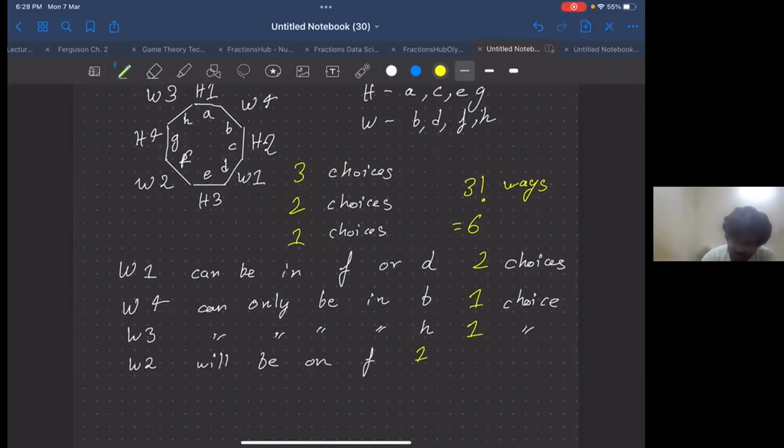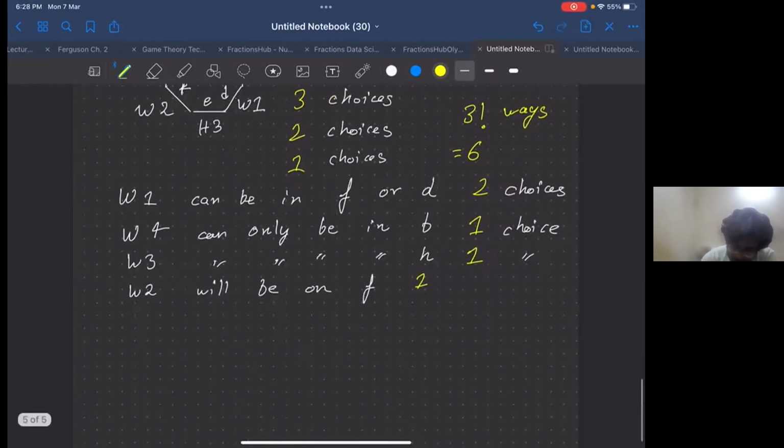So total number of choices involved will be what? For only the wives, it will be 2 times 1 times 1 times 1. That is nothing but 2. So we'll see that wives can be placed in 2 ways once the husbands are placed, and husbands can be placed in 6 ways.